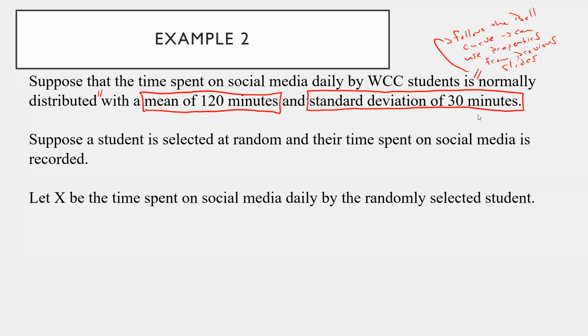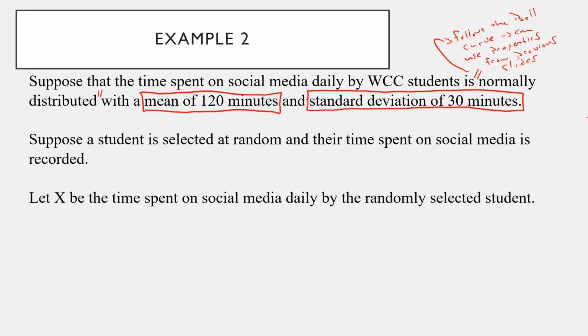So here's what we're going to do. We're going to select a student at random and record their time spent on social media. Before I talk to the student, do I know how many minutes they spend on social media each day? No. So it's a random outcome, which means it's a random variable.